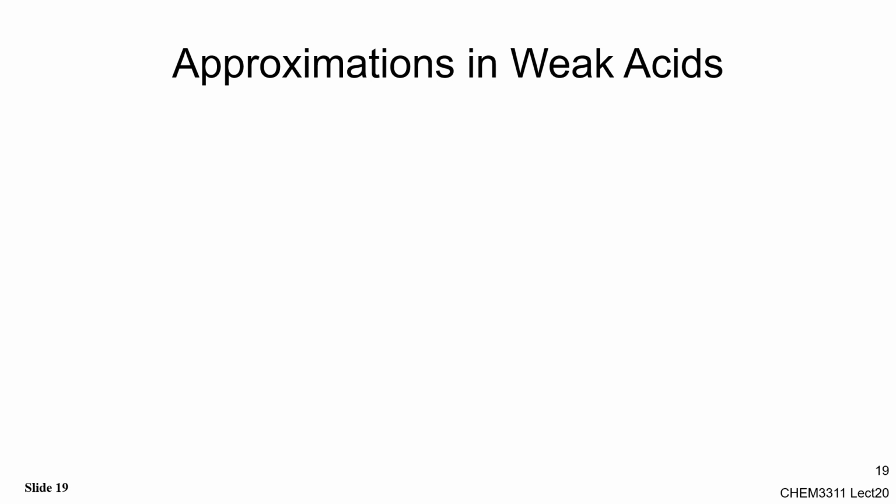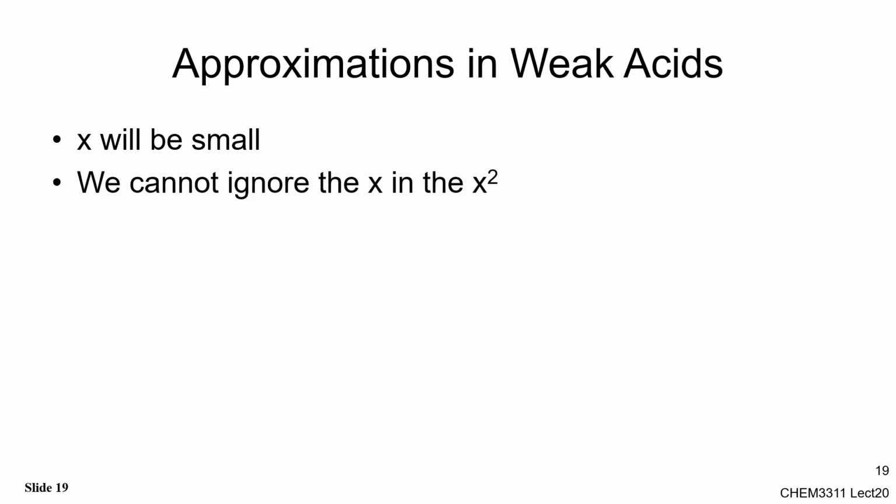We'll make a single approximation. It's called the small x approximation. We know x is going to be small because that's the amount of conjugate base being made, and this is a weak acid, so it doesn't ionize completely. So x is going to be small compared to the analytical concentration. We can't ignore x's when they multiply. If x is small, x squared is even smaller, but that doesn't mean it's 0.